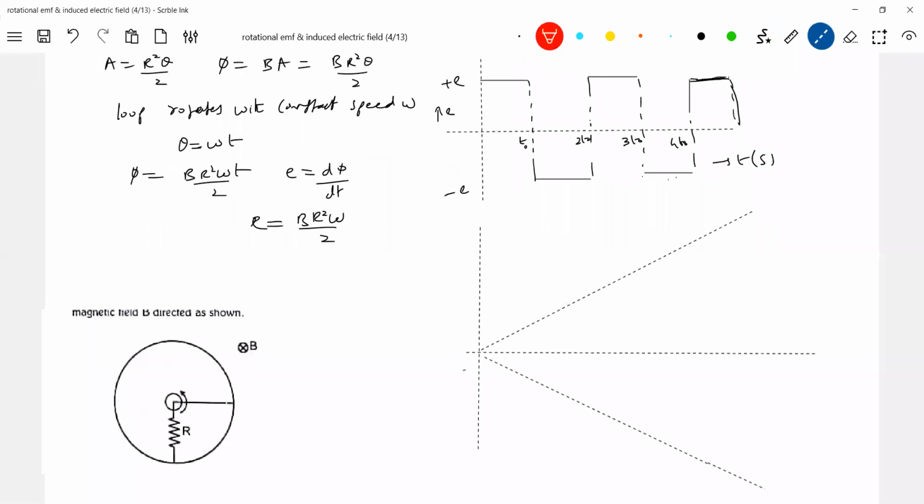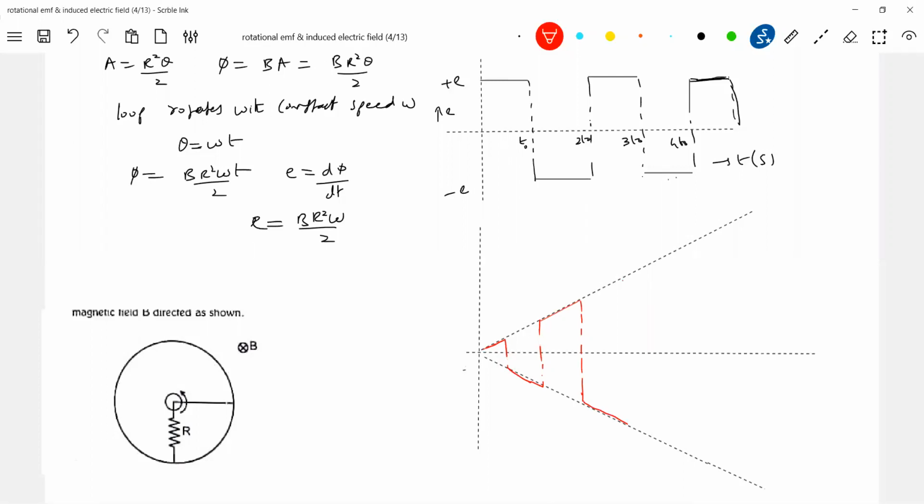Now you alternate it. So this should be, vertical lines I should not draw. Interval of time need not be equal because it's accelerating motion.